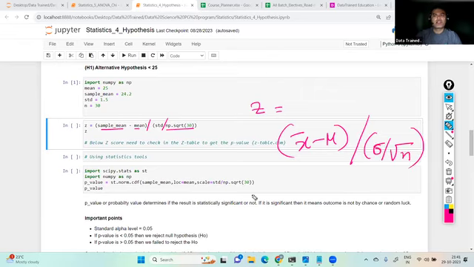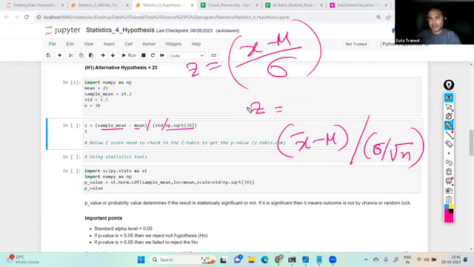This is the standard deviation. Usually the Z statistic is X minus mu divided by the standard deviation. This is the Z statistic when you have the population standard deviation.